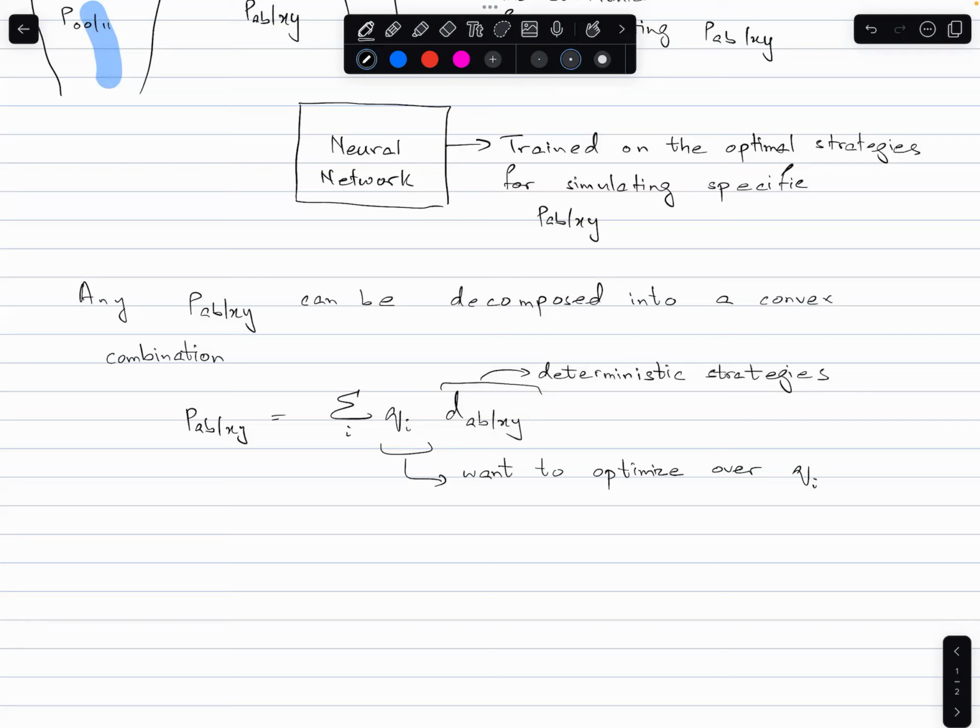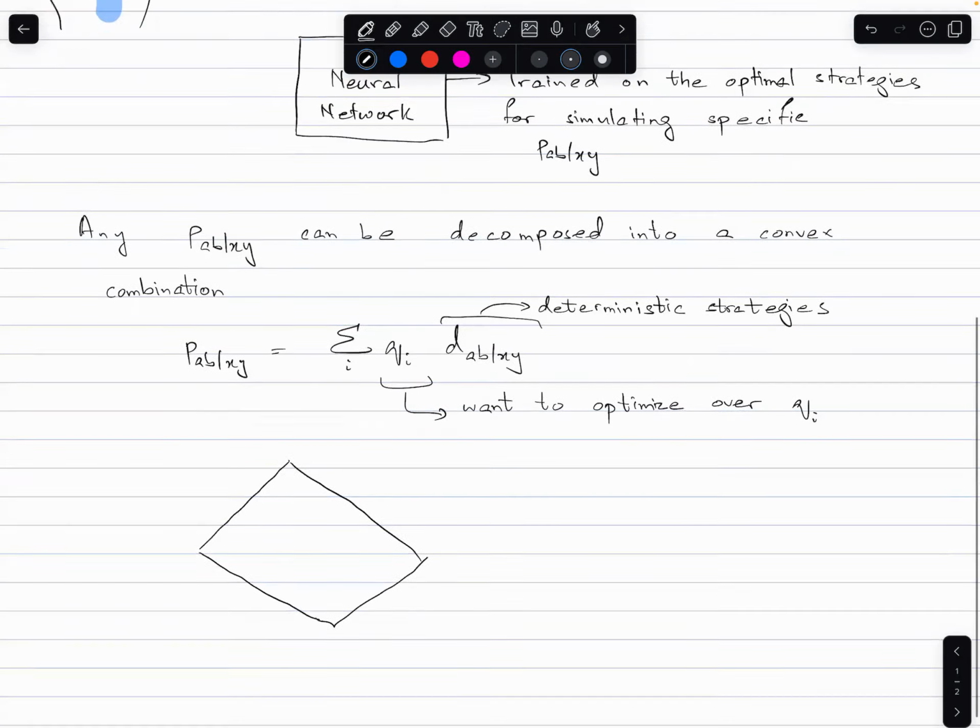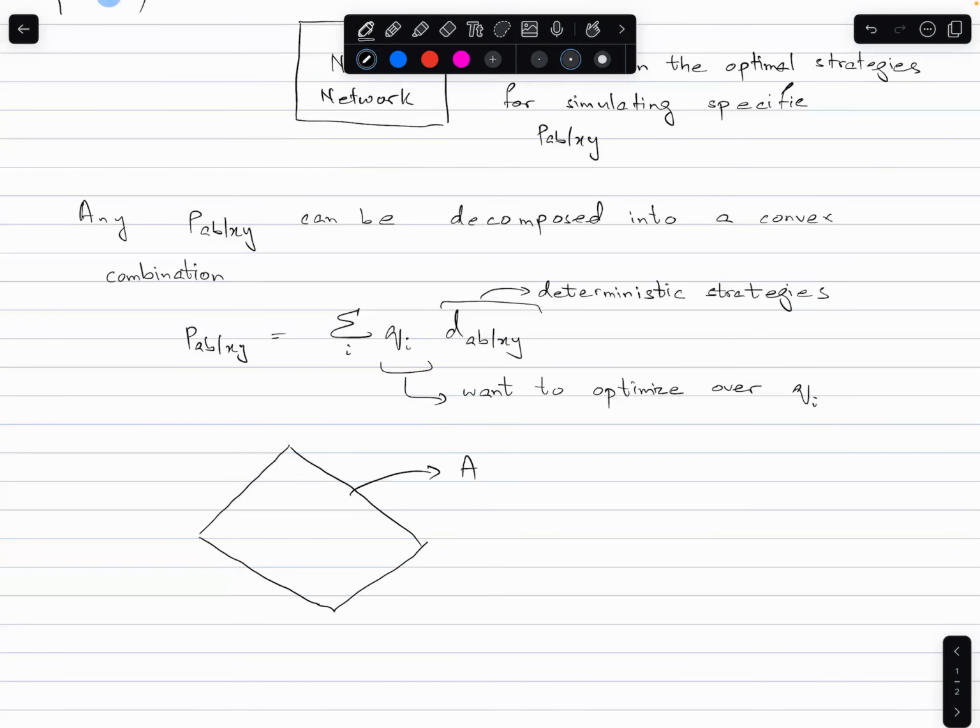Right, so at the end of the day, imagine you've got the space of all possible P of AB given XY. And now, for example, let's say you had a point over here that you'd like to simulate.